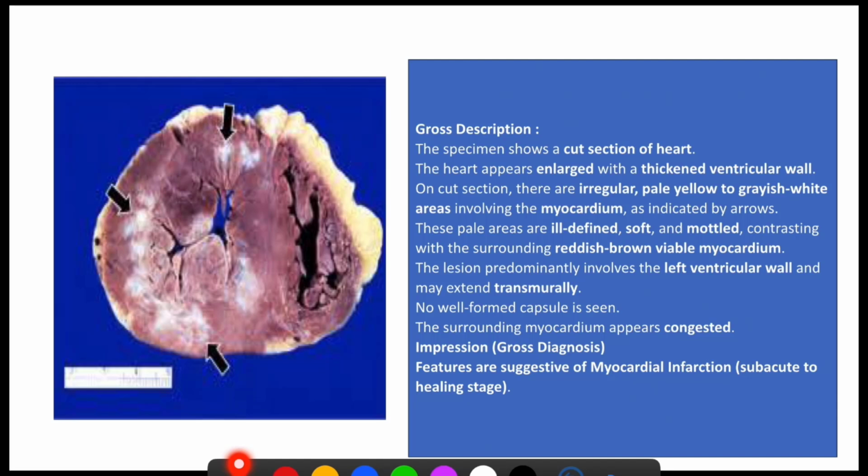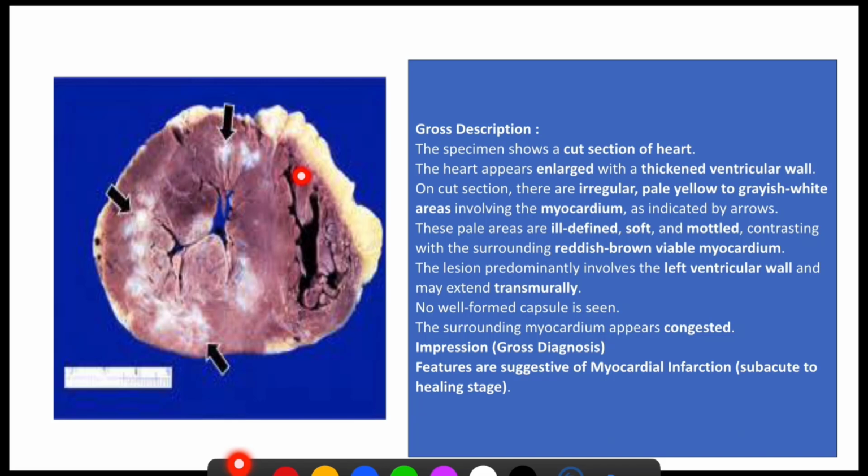Here again is a specimen of heart and the most important feature you can identify is the whitish area and grey white homogeneous areas present all over the left ventricular wall, even on the interventricular septum.